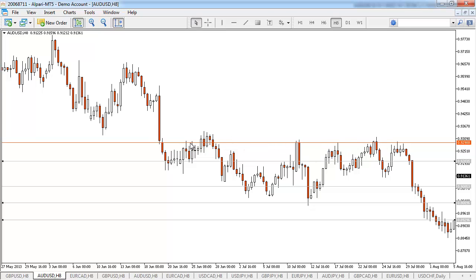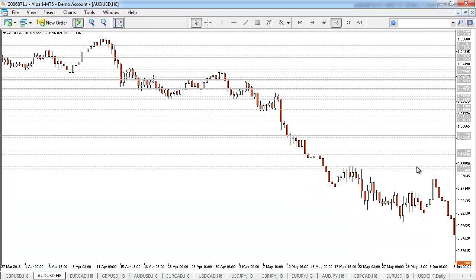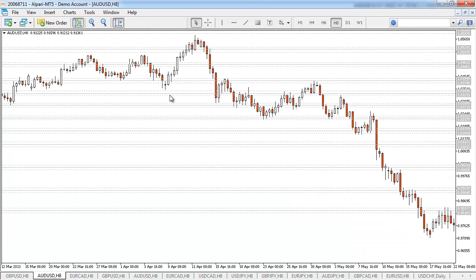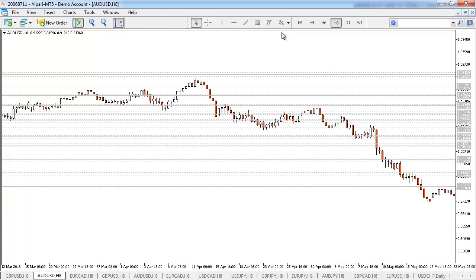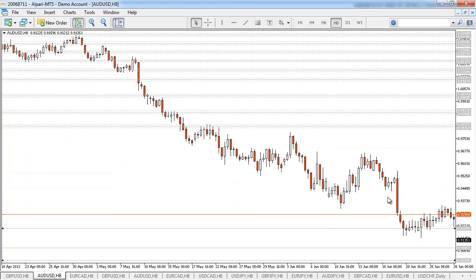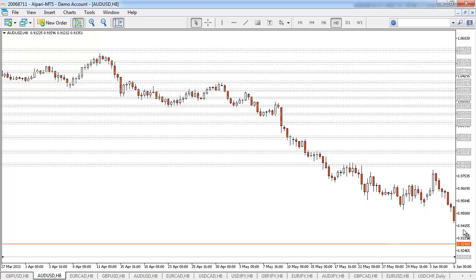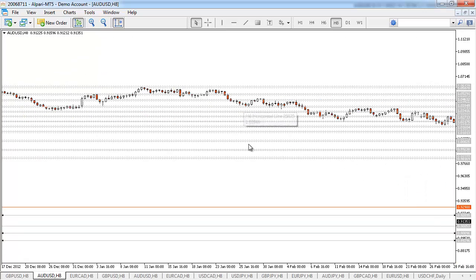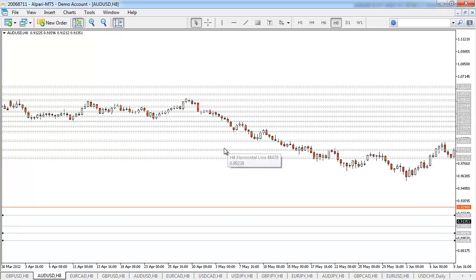And so we got those recent bounces there. Forget about these lines. They're lines that I had placed ages ago on AUD USD before it dropped down. So yeah, just ignore those. Those are my old support resistance on AUD USD.